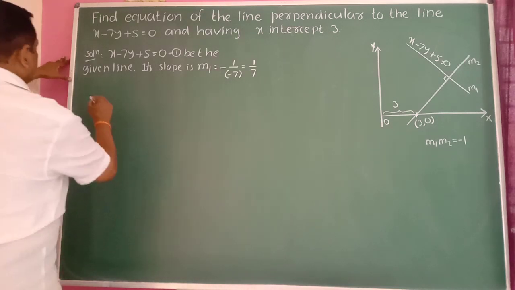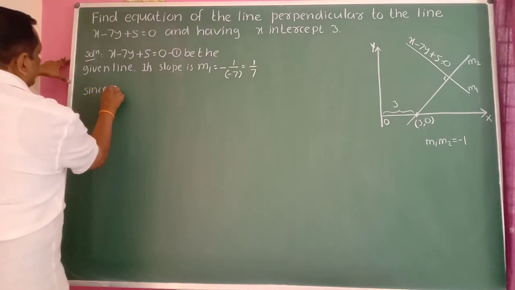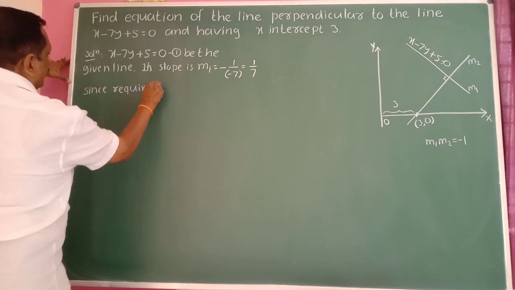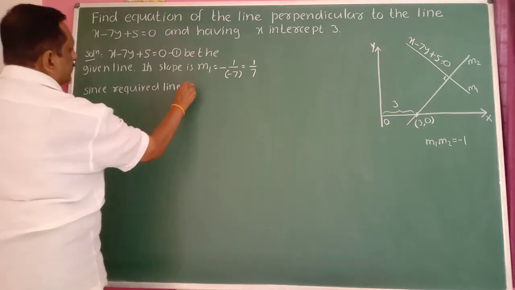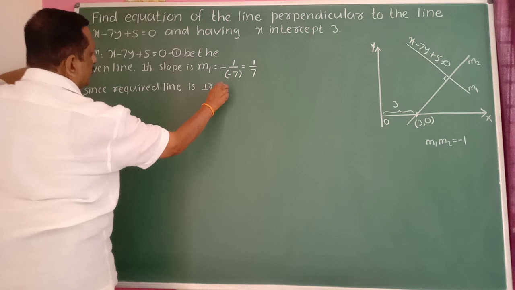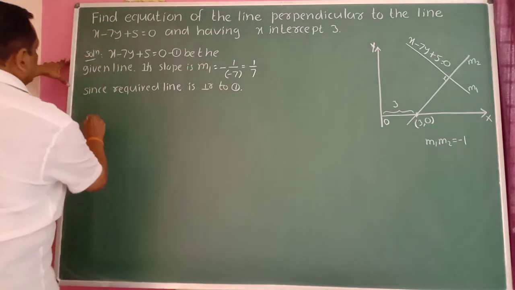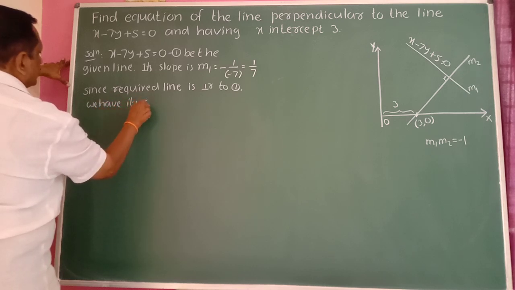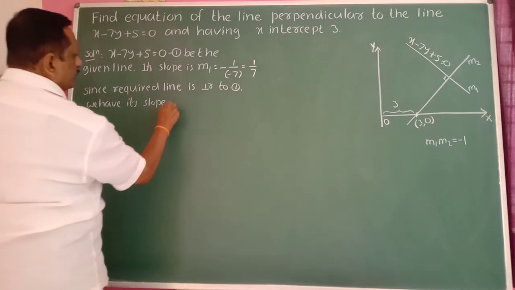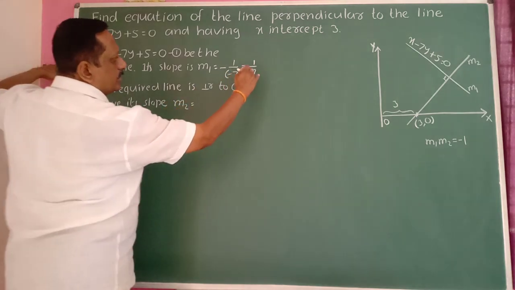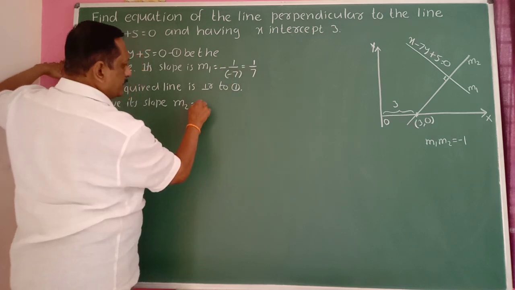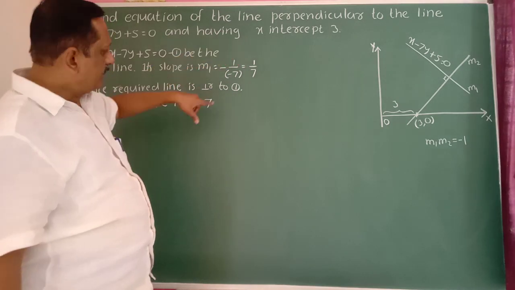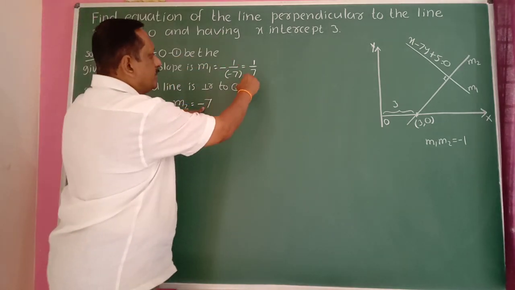Then, since the required line is perpendicular to the given line 1, its slope m2 is equal to the negative reciprocal, so it is minus 7, because the product is minus 1.